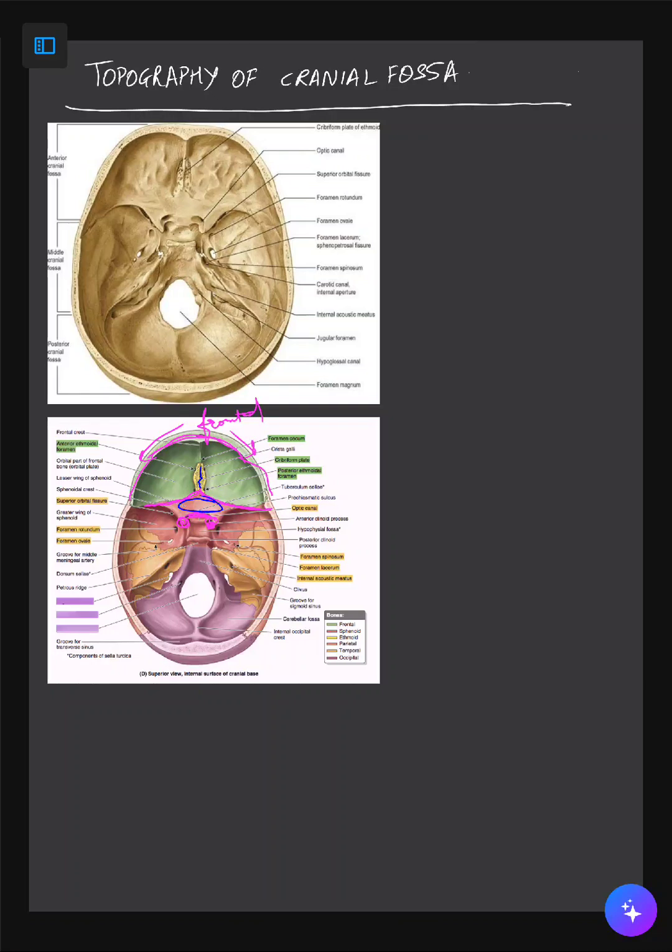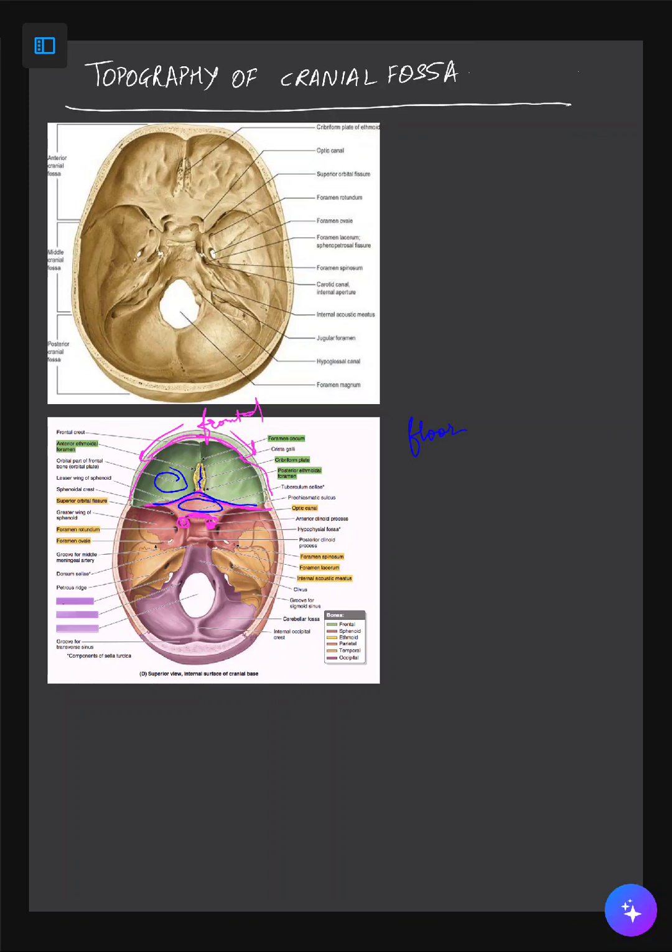On each side, anteriorly the orbital plate of the frontal bone, and posteriorly the lesser wing of the sphenoid bone. This is the floor.